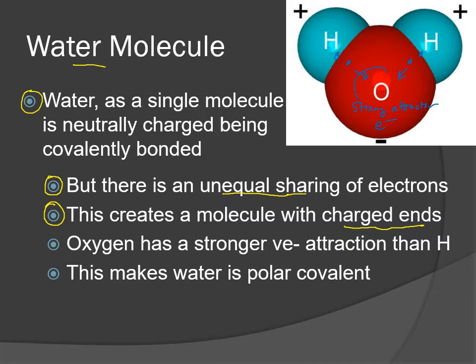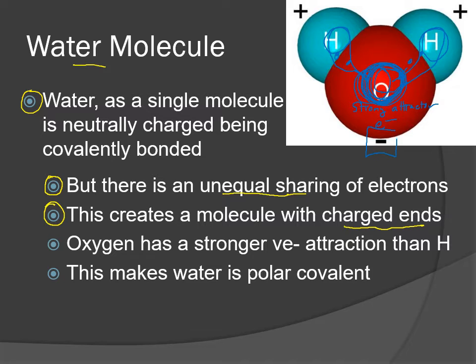So the electrons orbit the oxygen much, much longer, many more times than when it zings out and orbits the hydrogen once and zings back. In this case, the electrons spend most of their time around the oxygen atom.